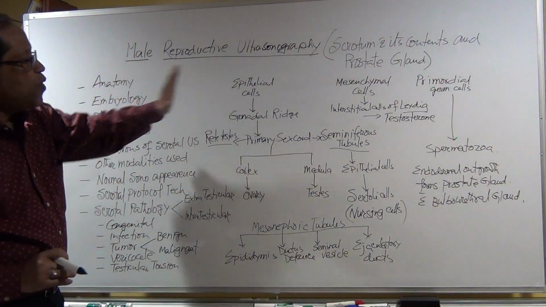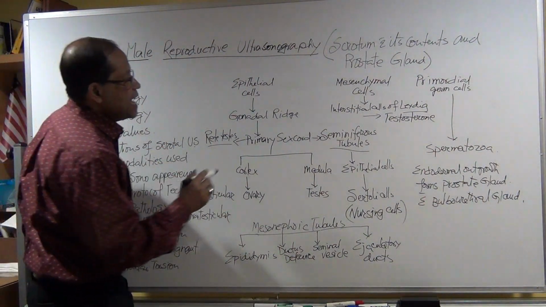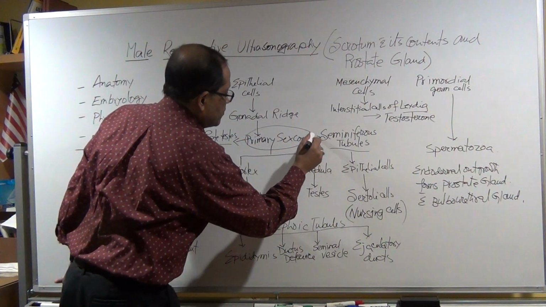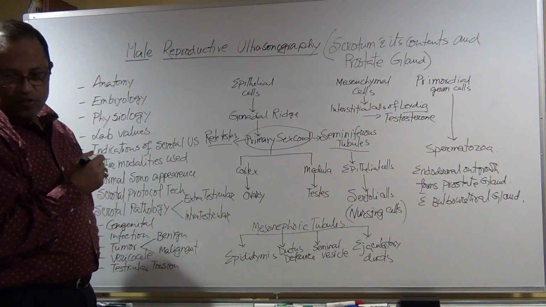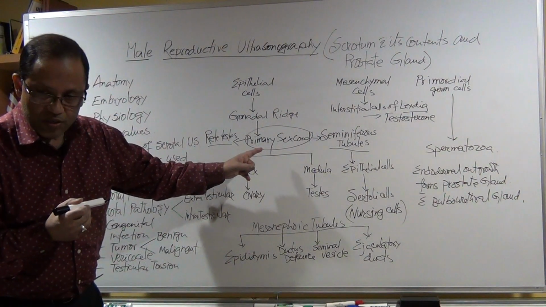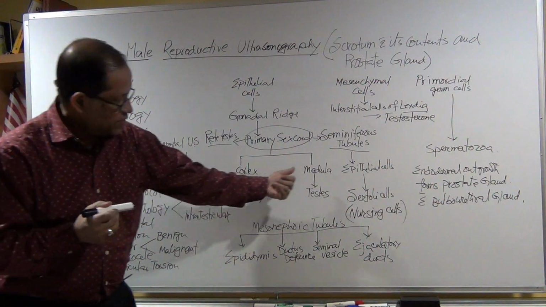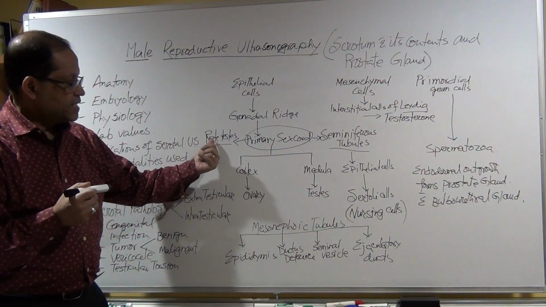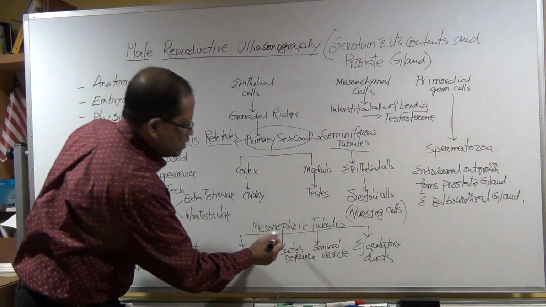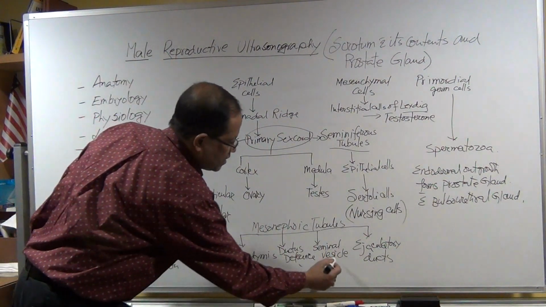So here the important thing is that we need to understand if there is a defect in primary sex cord, then there will be defect to form the ovary, defect to form the testis, defect in the retitestis, defect in the seminiferous tubules. If mesonephric tubules does not form, then all those ducts will not form.